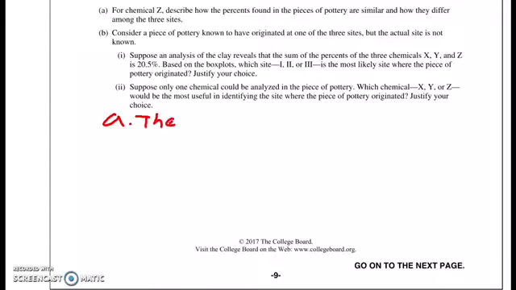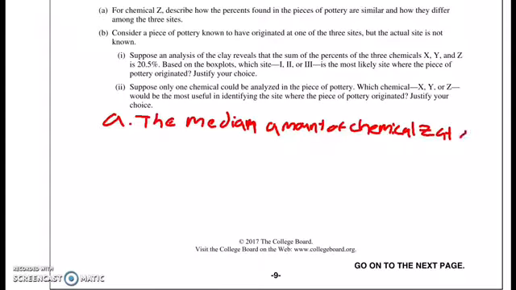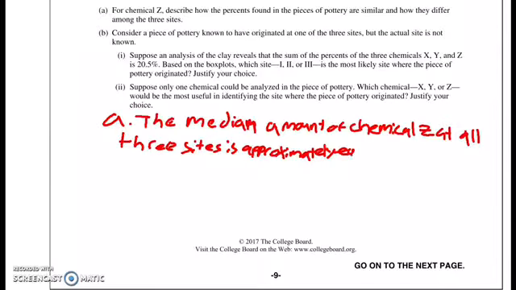So the median amount of chemical Z at all three sites is approximately equal at around 7%.